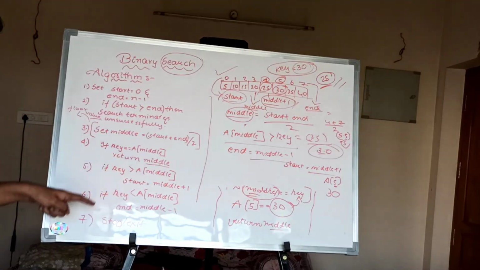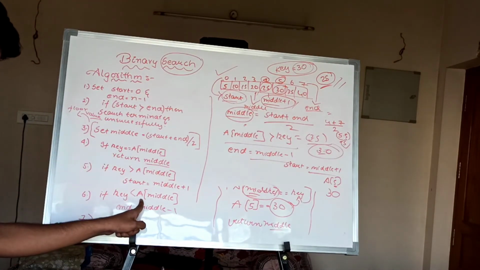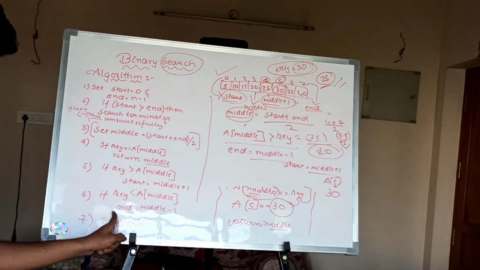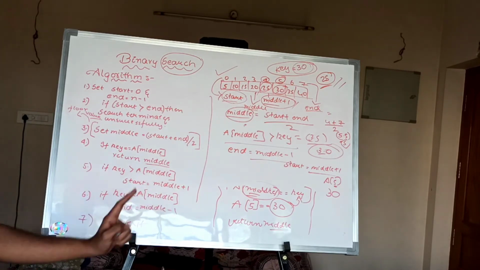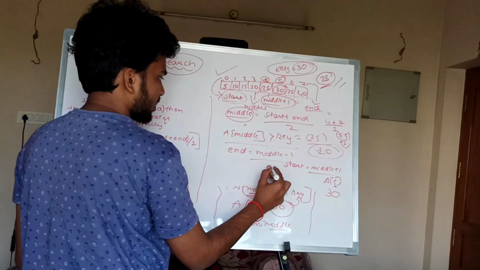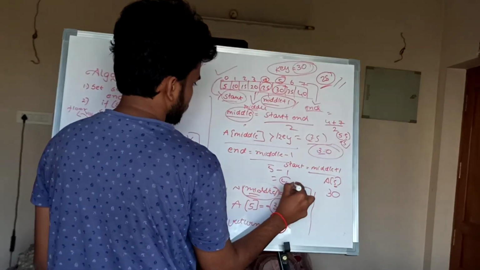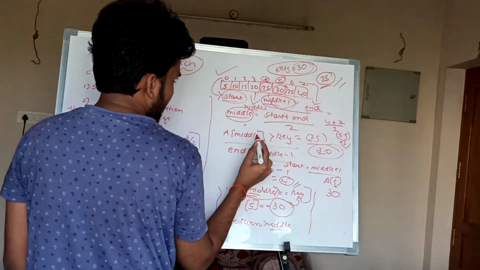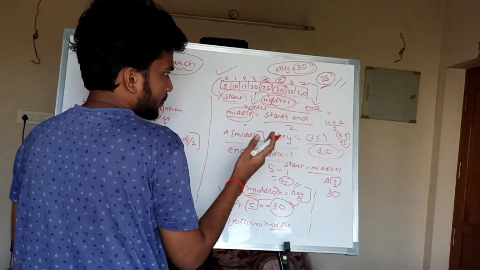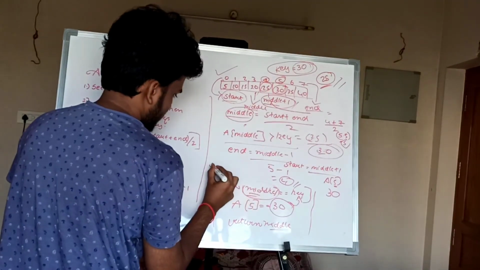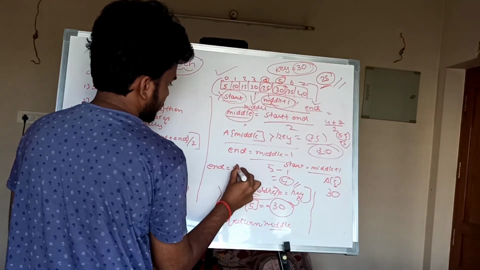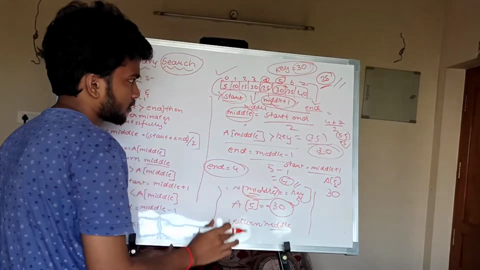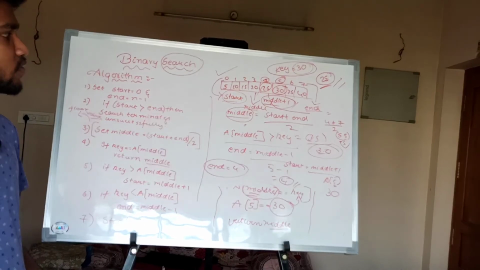According to the algorithm also, if key value is less than a of middle, then make end equal to middle minus 1. So middle index value 5 minus 1 is 4. So now end will come here, end is equivalent to 4.